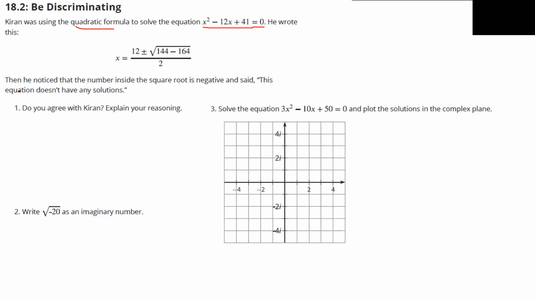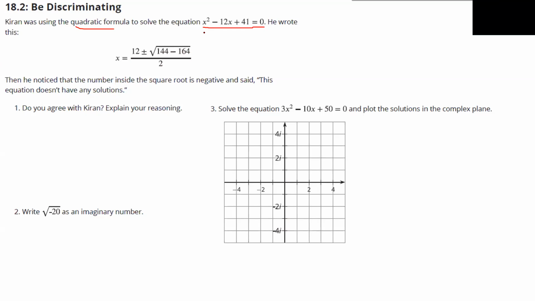And now it says, then he noticed that the number inside the square root is negative and said, this equation does not have any solutions. All right, so based off of what we just talked about in the warm-up and what you guys have learned, you're gonna answer this question first. Do you agree with Kiran? Explain your reasoning. So do you agree with Kiran, yes or no? Go ahead and put your answer now.